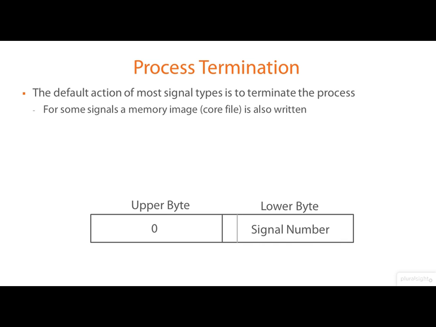Now, as I mentioned earlier, the default action of most signals is to terminate the process. And when this happens, the process doesn't return an exit code in the usual way. Instead, the lower 7 bits of the status contain the number of the signal that caused the process to terminate.